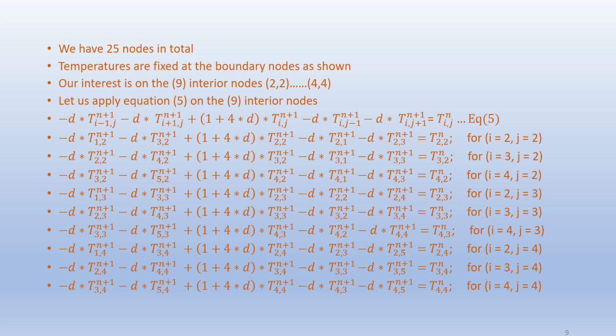We then get for node i equals 2 and j equals 2: minus d times T(1,2)^(n+1) minus d times T(3,2)^(n+1) plus (1 plus 4d) times T(2,2)^(n+1) minus d times T(2,1)^(n+1) minus d times T(2,3)^(n+1) equals T(2,2)^n.